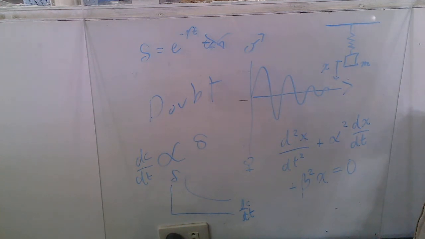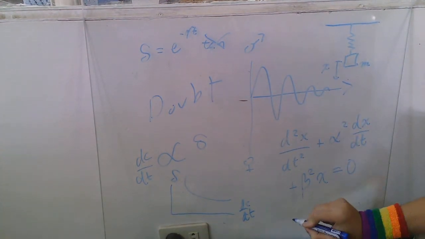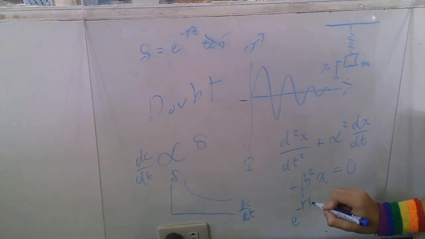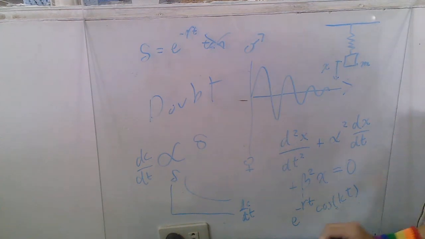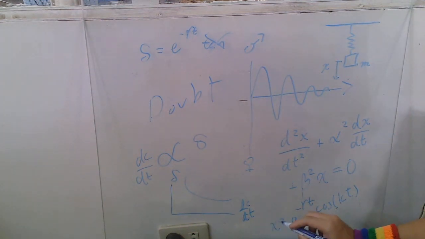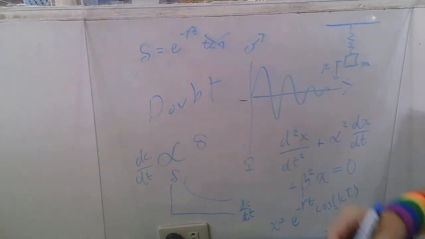So yeah, in summary, we use this equation to describe a dampening force, and its solution is in the form e to the negative gamma t and a trig function, cosine kt, so x. In this case, it could be c, because c is the decision. So that's it for this lecture.